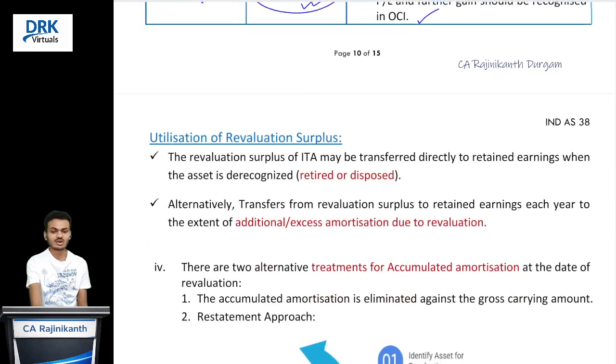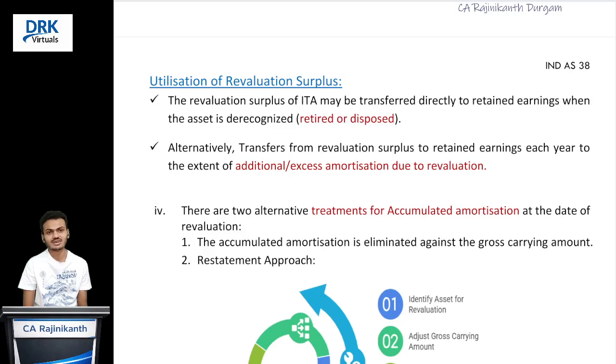And we have one more obligation. If we are following the revaluation model, at the time of derecognition of the intangible asset, if any revaluation surplus balance exists in respect of that particular intangible asset, we should transfer that amount from revaluation surplus to retained earnings. Or alternatively, it is not required at the time of derecognition. Every year you do that to the extent of additional amortization due to revaluation.